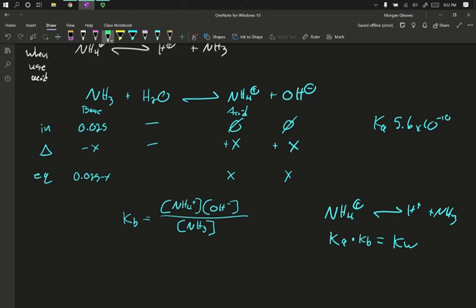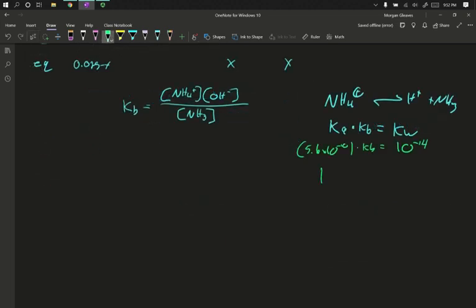So for what our ammonia is, which is what we need for the reaction we are performing: 5.6 times 10 to the minus 10 times Kb equals 10 to the minus 14. Our Kb then is 10 to the minus 14 divided by 5.6 times 10 to the minus 10.